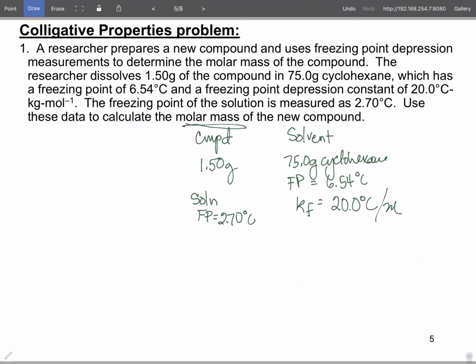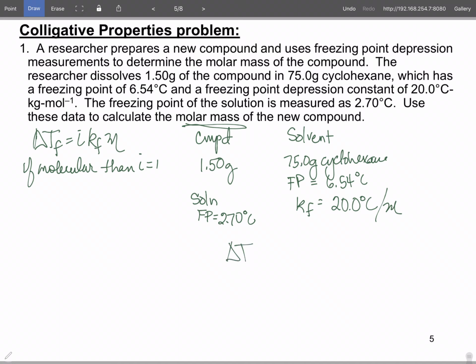Well, that tells me we have delta T sub F is equal to i K sub F times the molality. And if it's molecular, then i is equal to 1. So what we need is the change in freezing point.